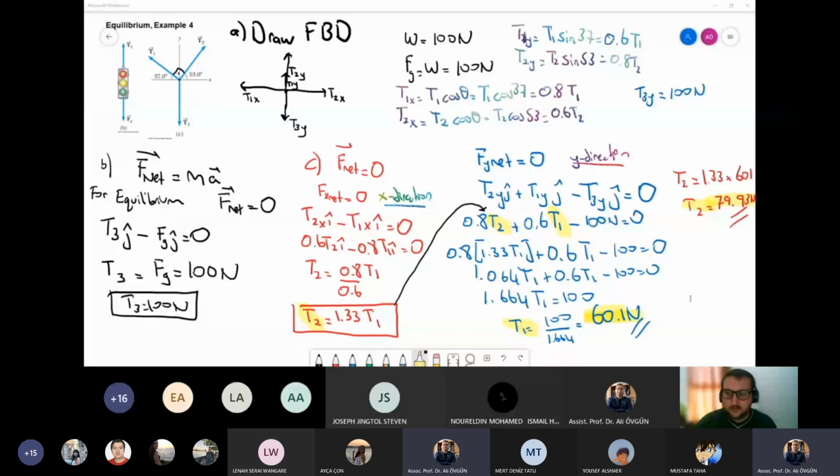As I said before, you must do them separately. You must divide the figure into separate parts. For example, what I wrote here, T3 j hat minus FG j hat is equal to 0. This equation is for the traffic light. After that, I found that T3 is 100 Newton, and then I look at the other figure.